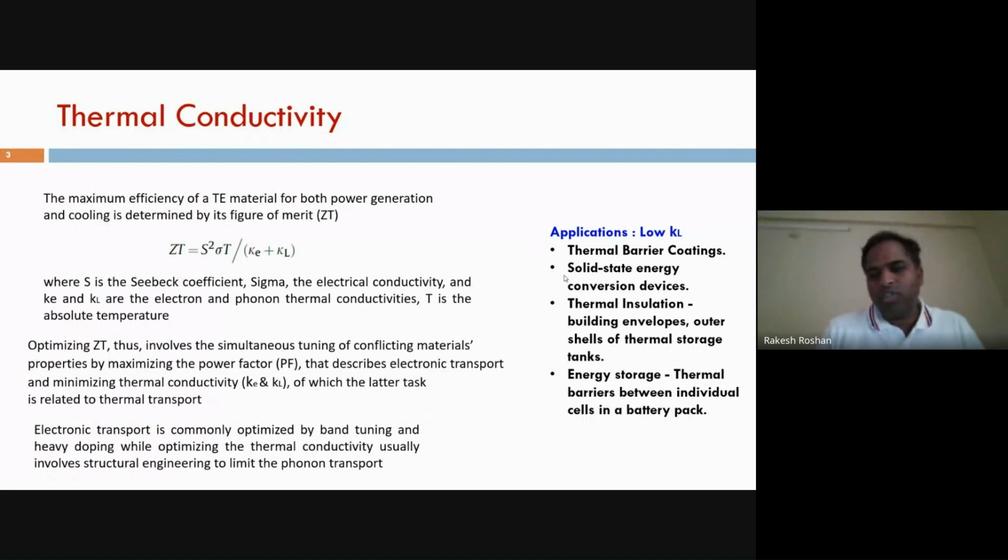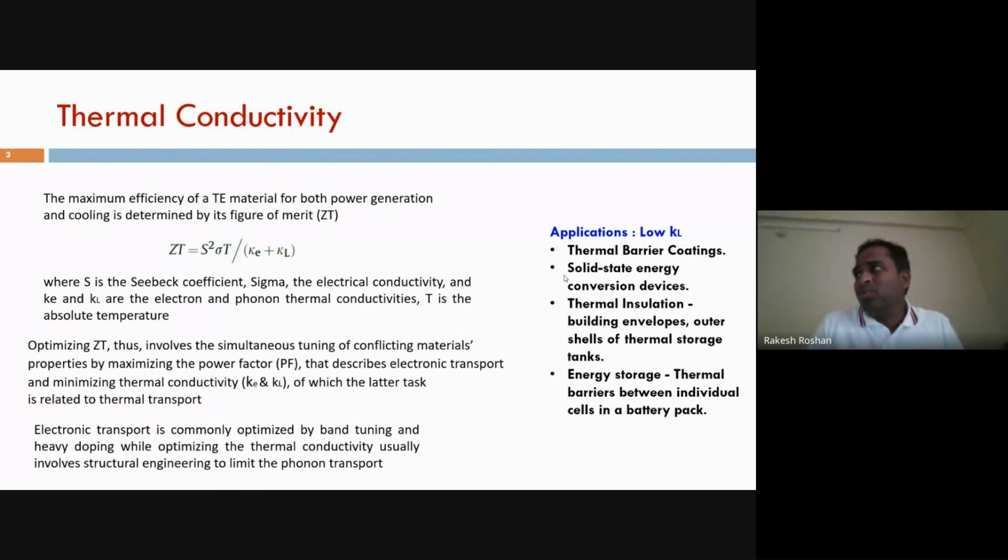Why are we studying this? What is the necessity of having low KL materials? I've shown the applications here. We can use these materials as thermal barrier coatings in heavy machinery working at high temperatures. You can also use them in solid state energy conversion devices. You can use them as thermal insulation, like in colder countries, where you want the room to remain heated.